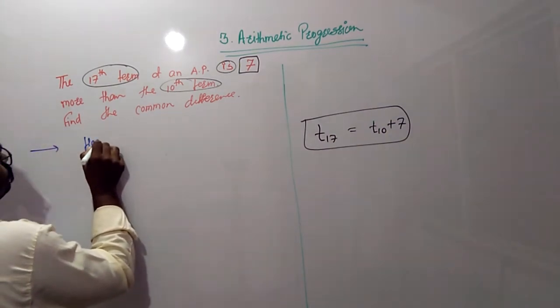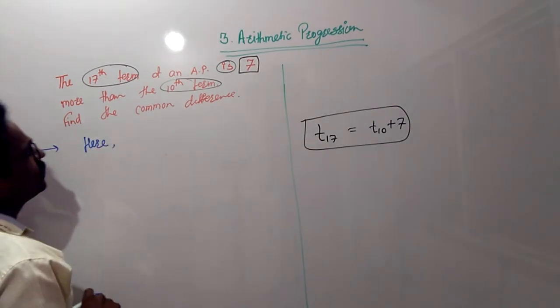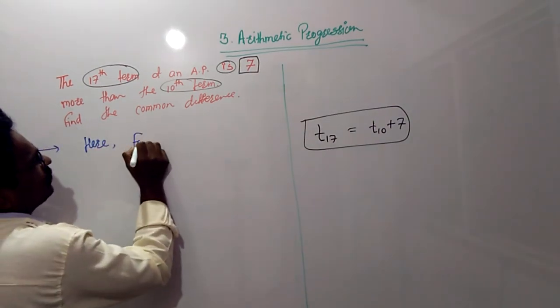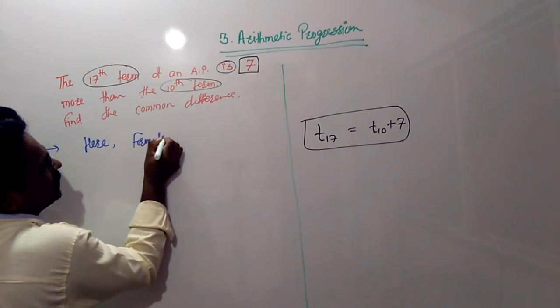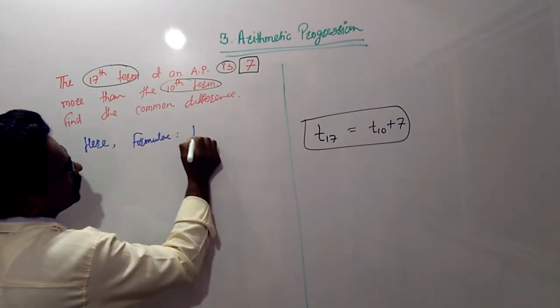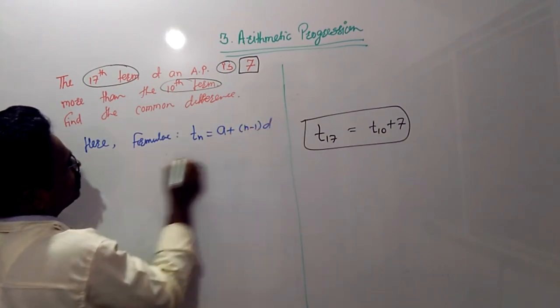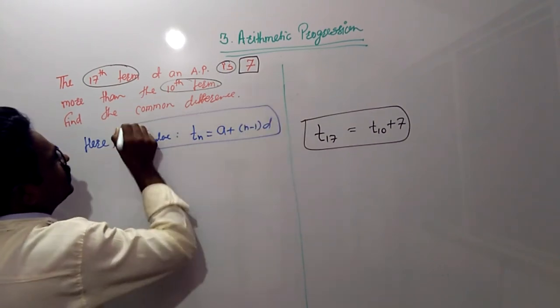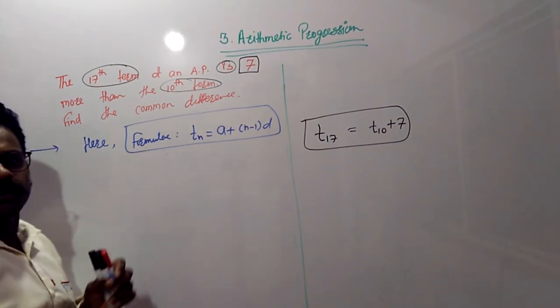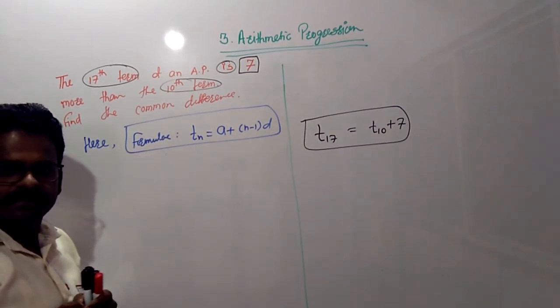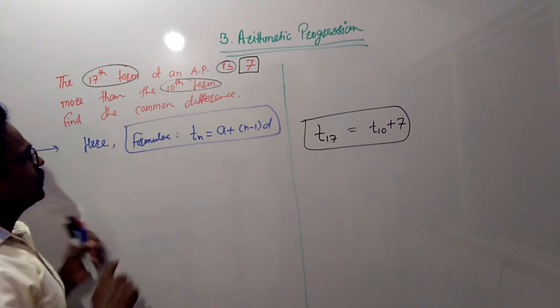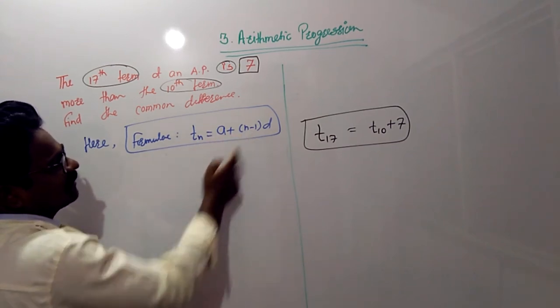First we will write the formula for the nth term. Tn is equal to a plus n minus 1 into d.